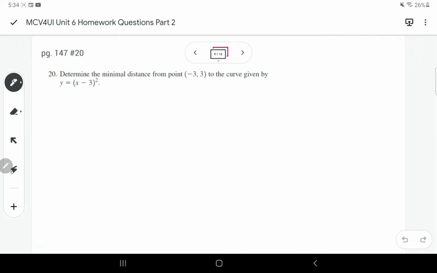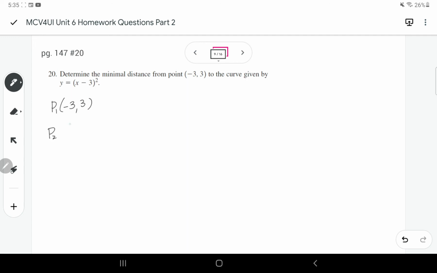Just flipping through here, this is a good one, page 147, number 20. We want to find the minimum distance from this point to a point on my curve. So we have this point, P1, that's negative 3, 3.